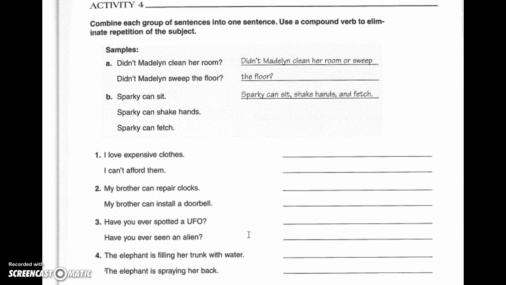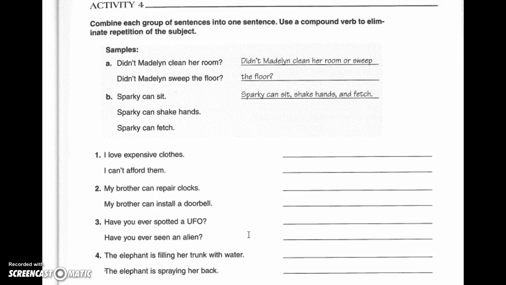All of these words, these short words that come before it, are helping verbs, and that is part of the verb phrase here. So the samples are A, didn't Madeline clean her room? You need to understand that it's did not Madeline clean her room. You want to separate it out and understand that the verb did clean is the complete verb phrase in A.